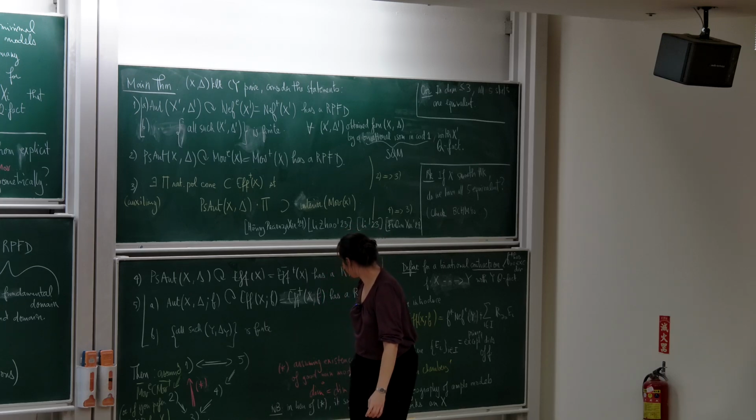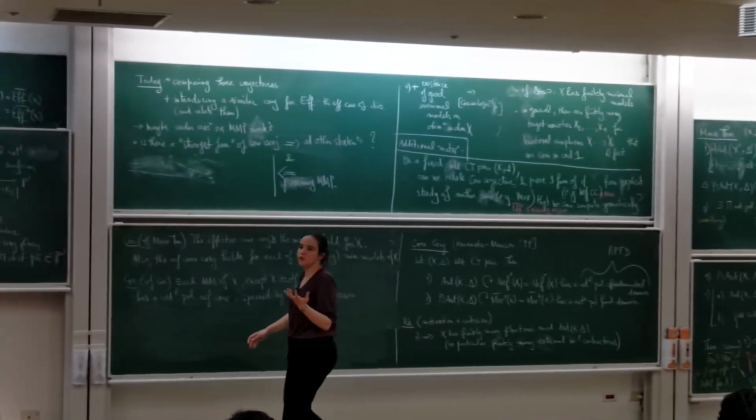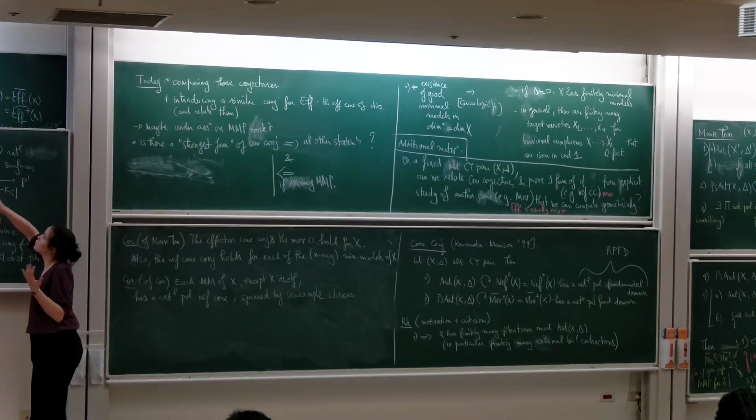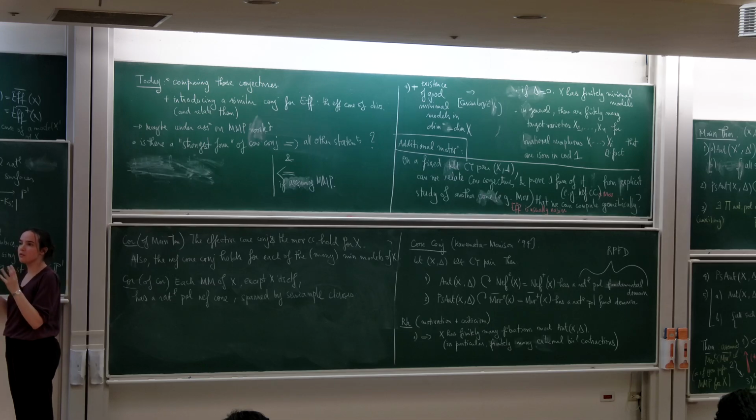Why do you need it for all x in given dimension? If you start with a fixed x, how do you use it for other arrangements? So what we truly use, as I explained in the drawing, is that the effective cone, you can cover it with all these chambers, and also the movable cone with all these chambers. But the only thing we really need is that these decompositions have some local finiteness property: if you cut with something rational polyhedral, you cut finitely many things, and your intersections are rational polyhedral.